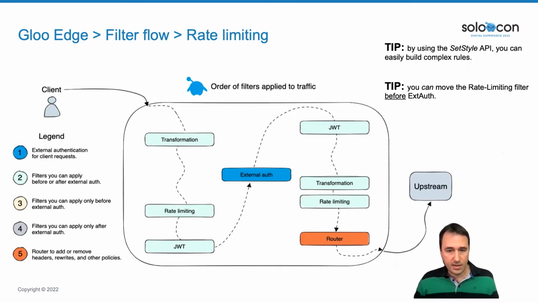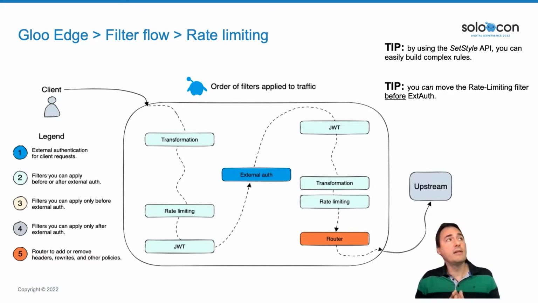That is actually a very useful feature. And then the rate limiting. The rate limiting is a filter that can be applied before and after. The rate limiting uses an external server to provide the functionality.